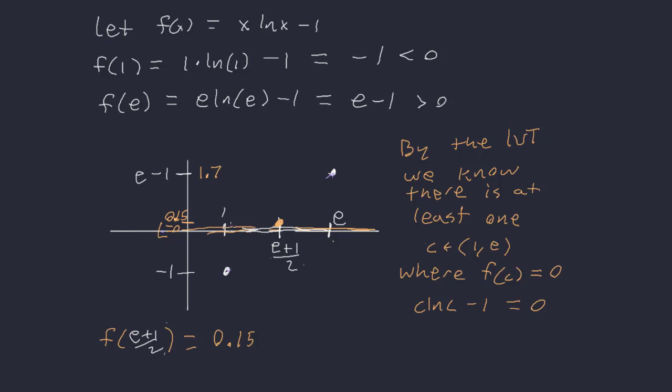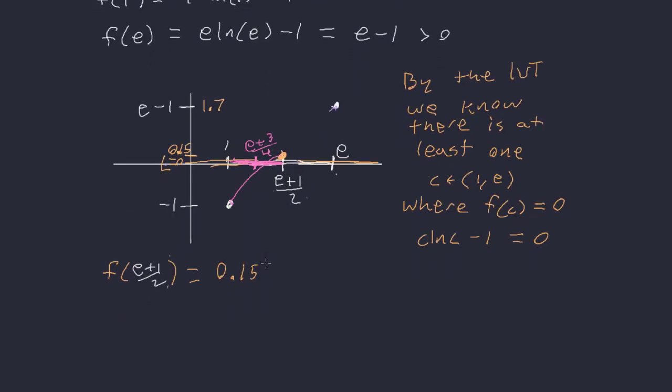So now I know that the solution has to be in this interval. So we're going to cut it in half again and take the midpoint. I could even take something close here, but I'm just going to take e plus 1 over 4. Sorry, once again, when you do the midpoint formula, it should be e plus 3 over 4.